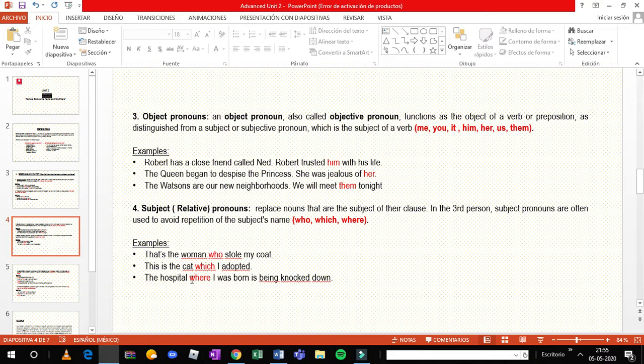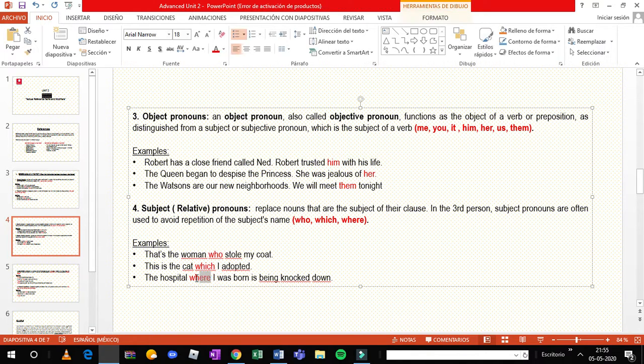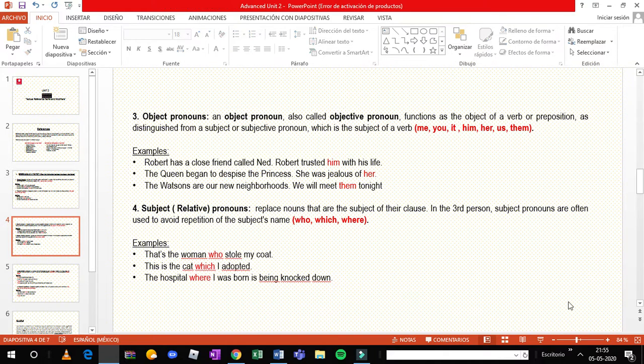The hospital where I was born is being knocked down. El hospital donde yo nací, en este caso, la palabra calza, ¿cierto? Where, donde, dónde. Yo nací, ha sido demolido. Okay.